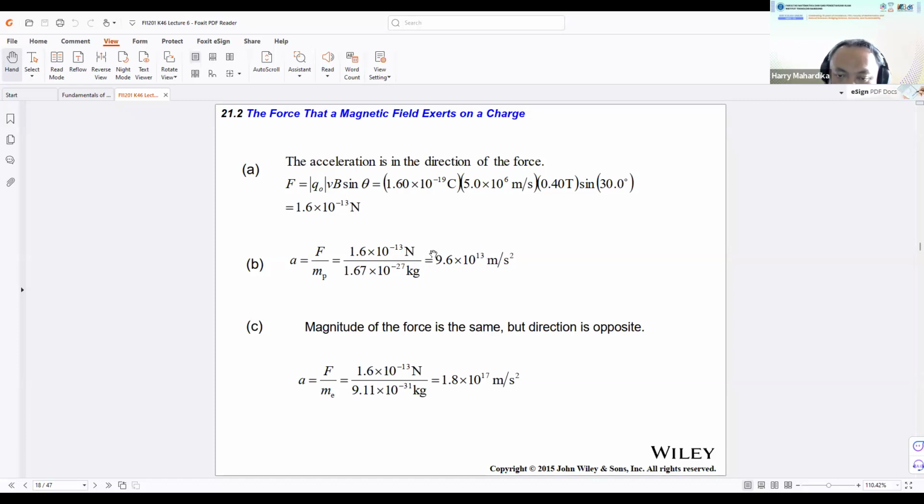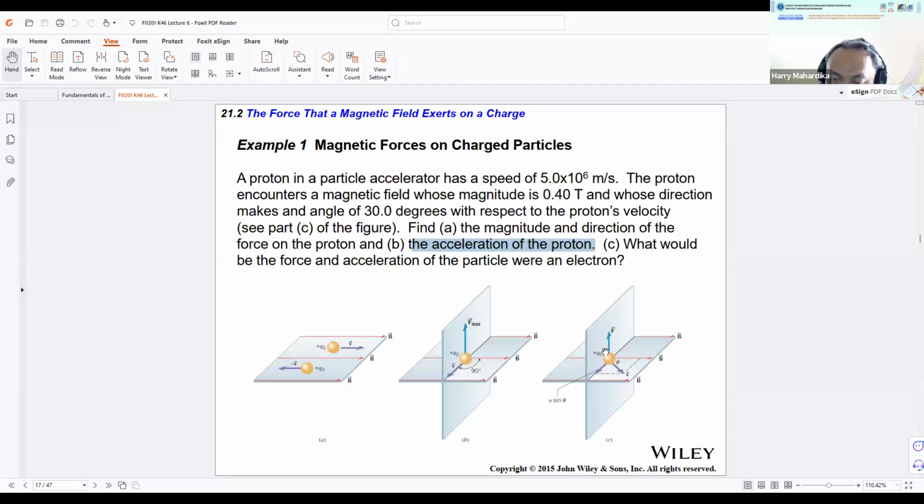So the acceleration has a high magnitude, and the direction of acceleration will be the same as the direction of the force.